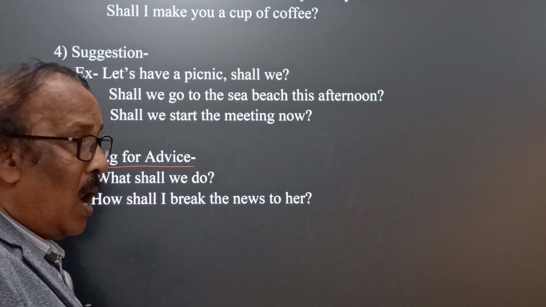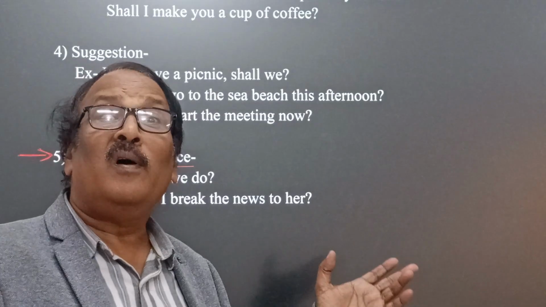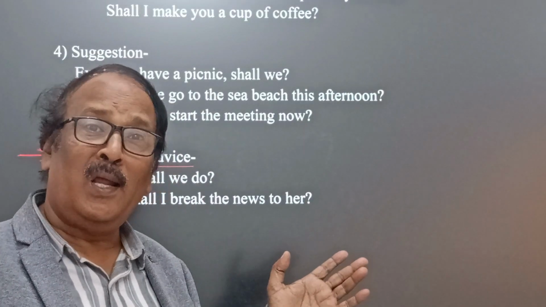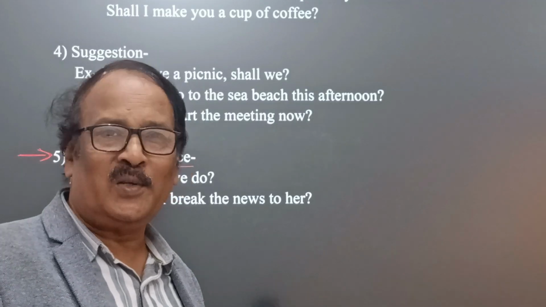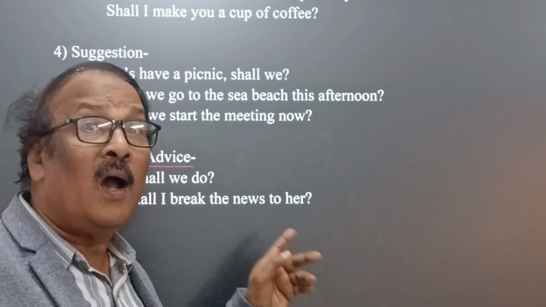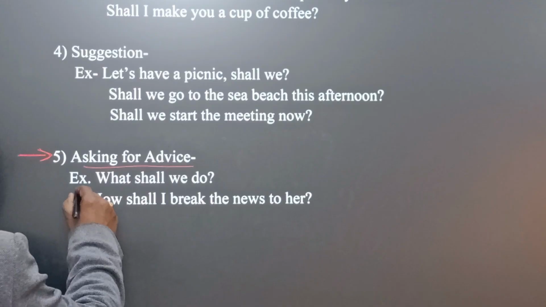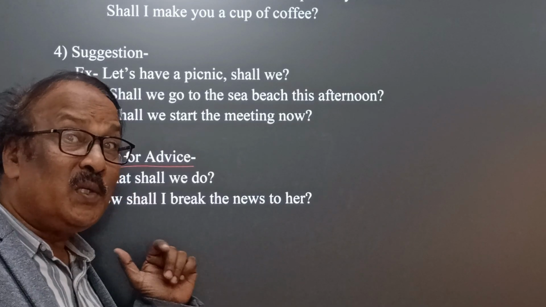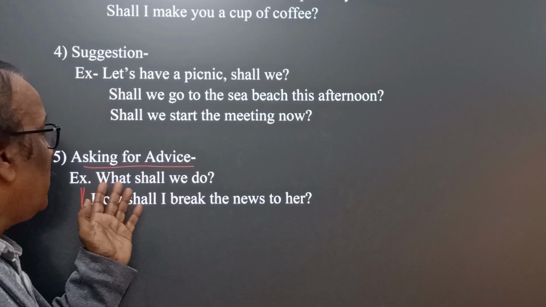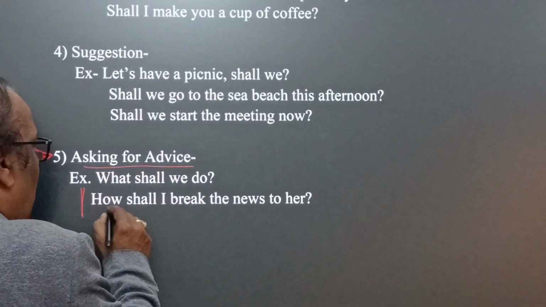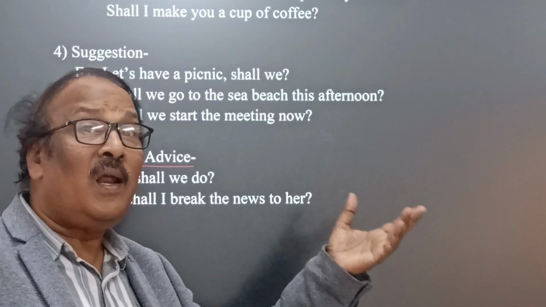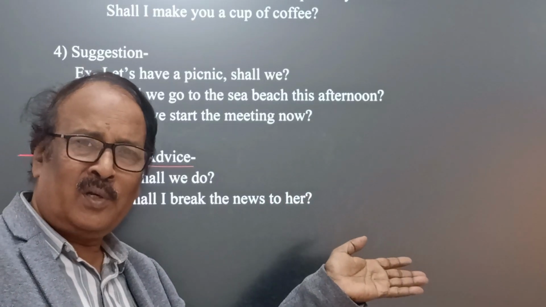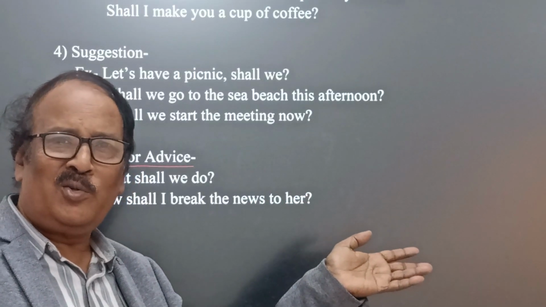Whenever we ask someone for advice, we can also take the help of shall in questions or interrogative sentences. What shall we do? Here the speaker is asking somebody for advice. How shall I break the news to her? It means how shall I convey such tragic news to her?